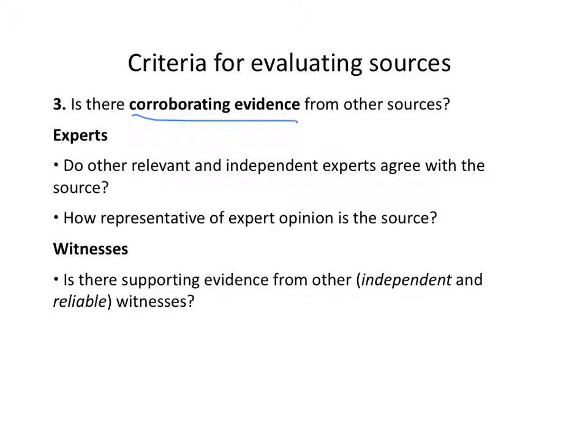In all of this, independence is very important. The corroborating evidence has to come from independent sources. So, for example, in the case of witnesses, let's suppose a group of 4 friends who all know each other well all claim to have seen a UFO in the night sky over Melbourne, but after having this experience, they talked about it to each other and went over the story again and again.